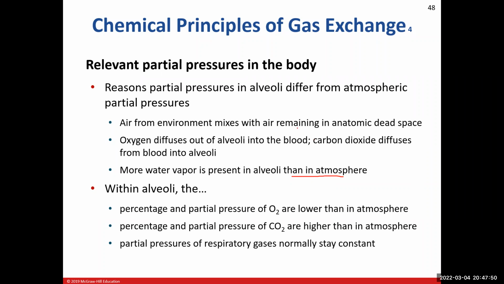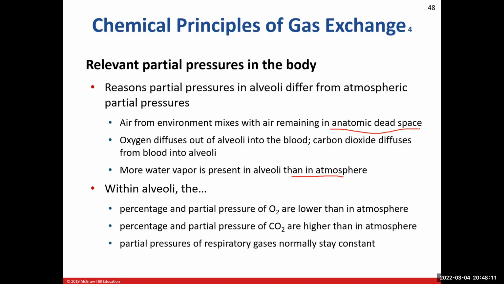So this air is going to mix with the air that we find in the anatomic dead space because there's no diffusion there. So the air coming in from the environment will mix with the air in the anatomic dead space. That is going to affect some of those partial pressures.